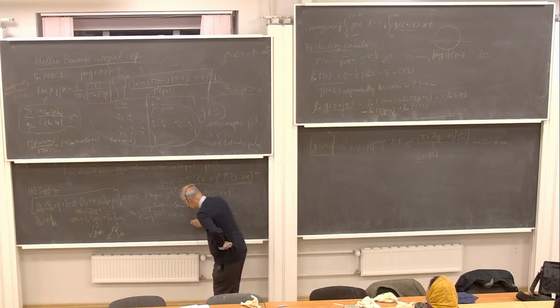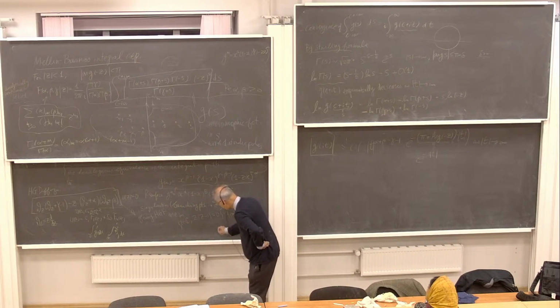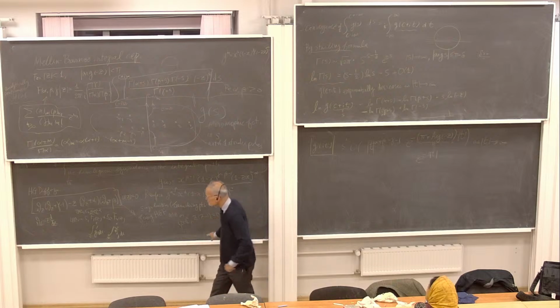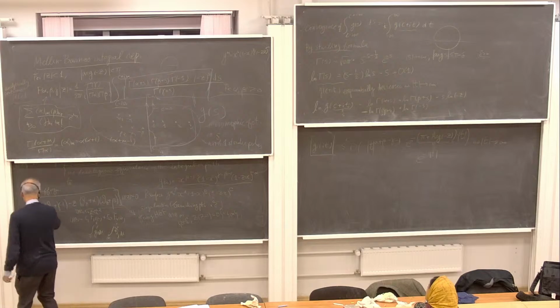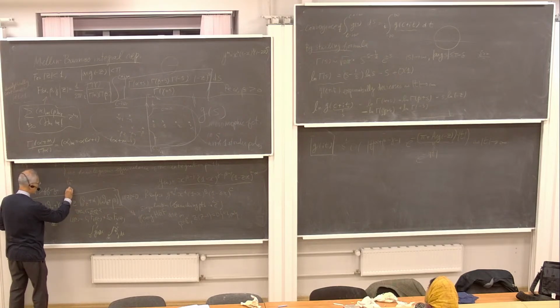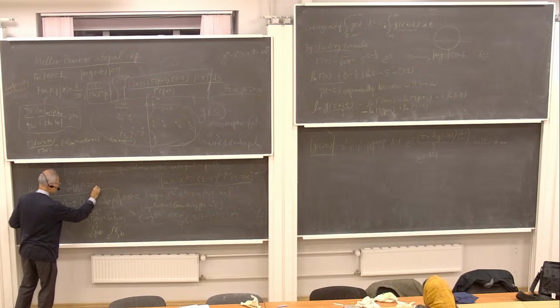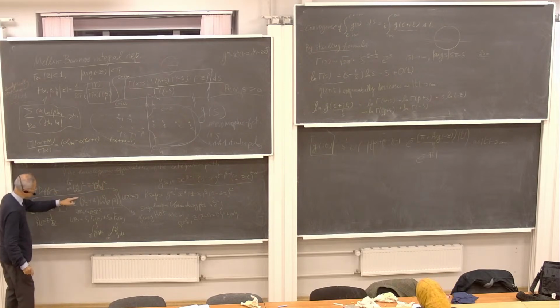So I open this differential operator, then I get z squared dz squared minus z cubed dz. The highest order term is this.